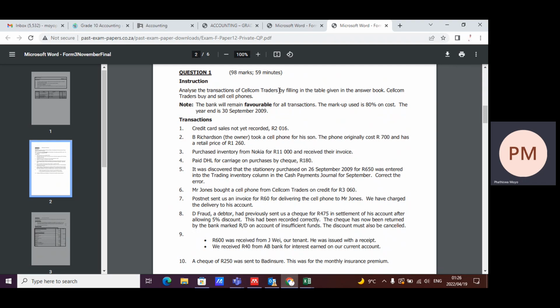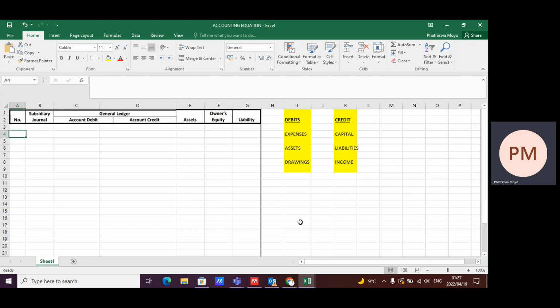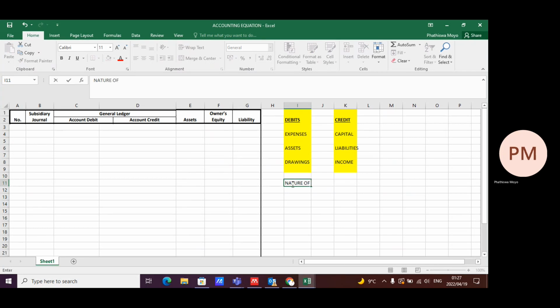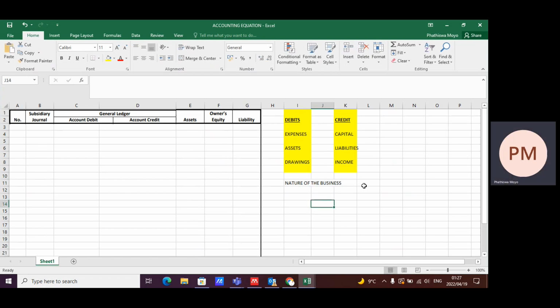Celcom traders buy and sell cell phones. So I always say as an accountant, you must know what the nature of the business is. Nature of the business is very important.